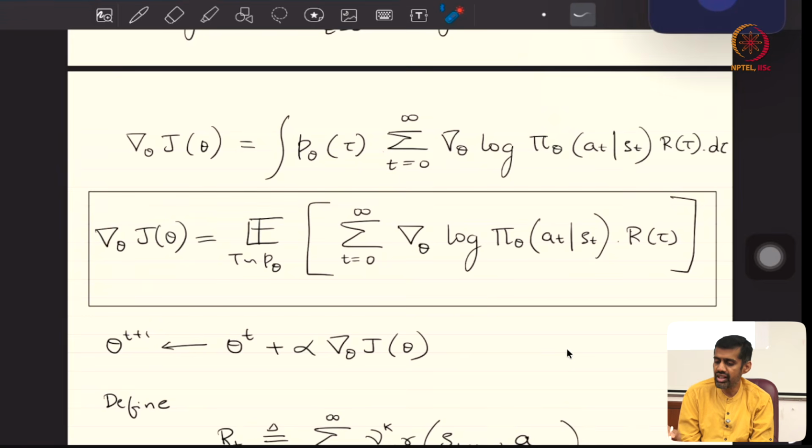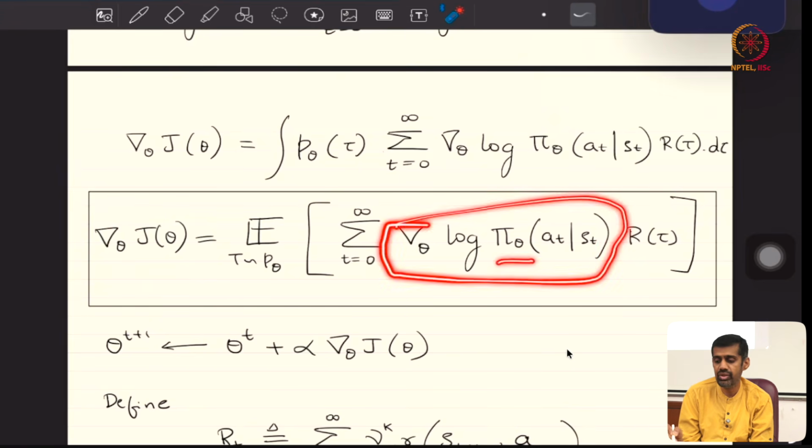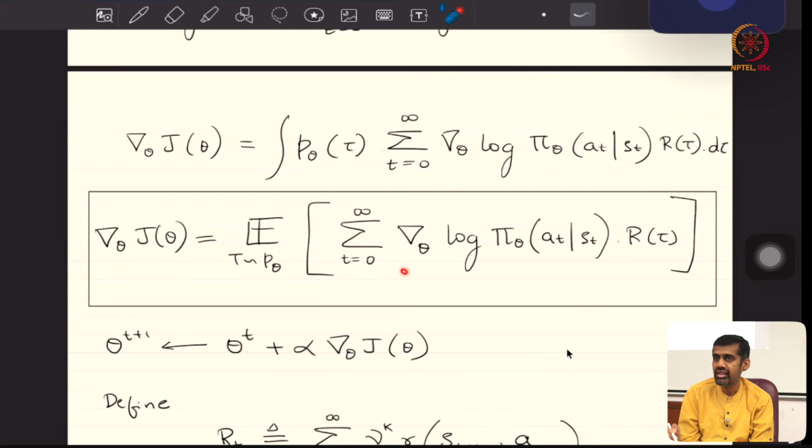And how do we get the gradient of log pi theta at given st? Backpropagation. If this is a neural network, autograd is the PyTorch way of doing it, but it is the normal error backpropagation, because we can compute the log of the outcome of a neural network, and the gradient with respect to the parameters of the neural network is something that we know how to do using gradient descent.